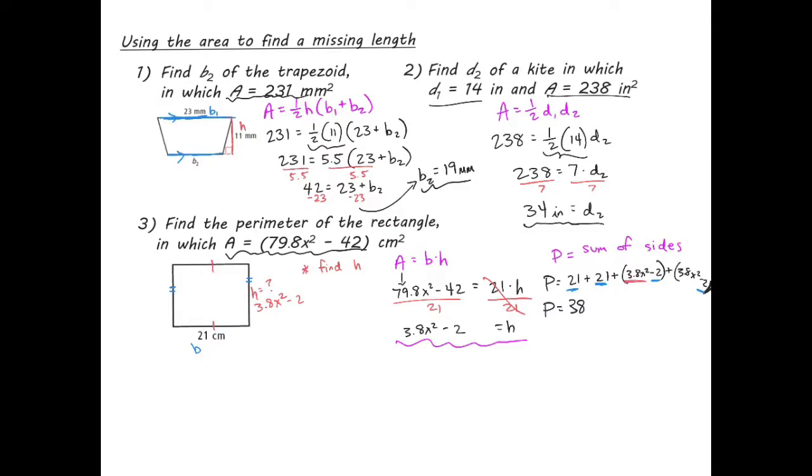I've got 3.8 x squared and another 3.8 x squared that I'm adding together. So that makes 7.6 x squared. And there's our perimeter. The units is going to be centimeters. And since perimeter is just a linear measurement, it'll just be regular old centimeters.